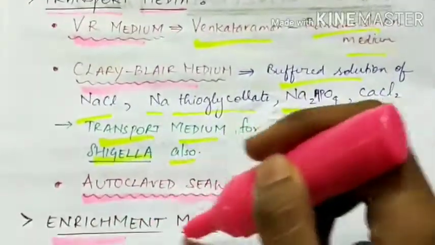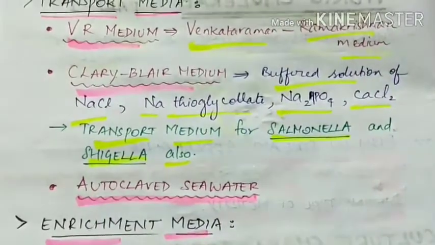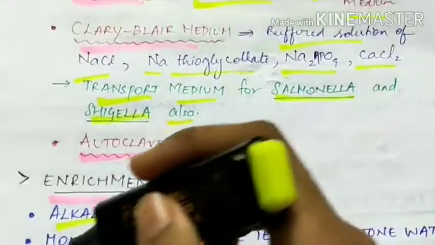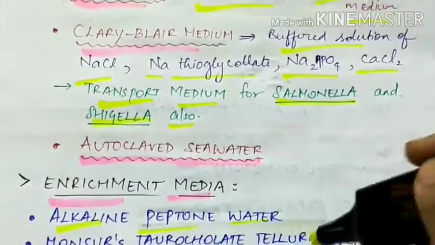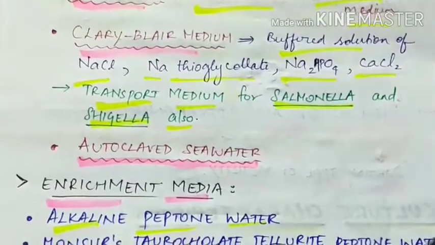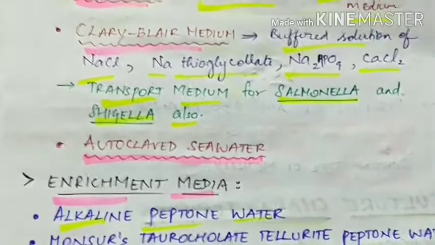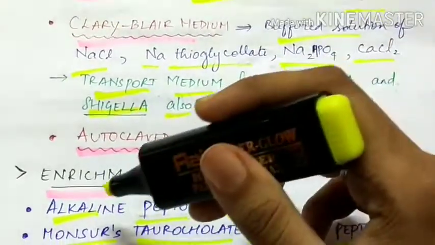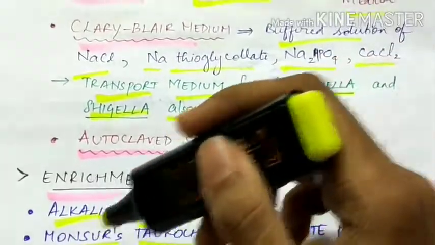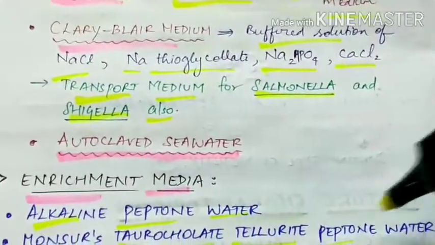Next, coming to the enrichment media. The enrichment media used for Vibrio cholerae are alkaline peptone water and Monsur's taurocholate tellurite peptone water.